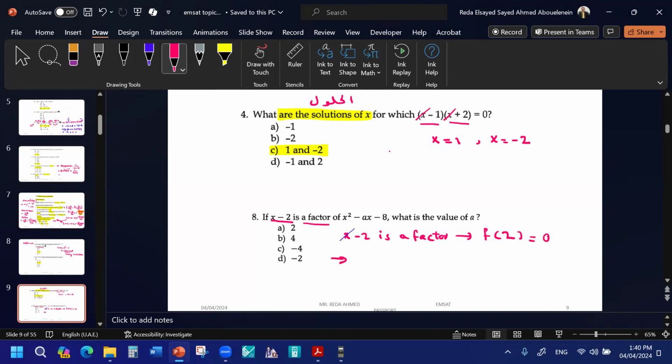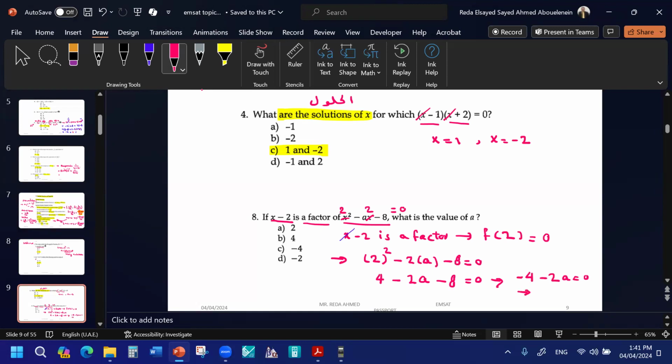So I can substitute x equals 2 and equate to 0. It will be 2 squared minus 2 multiplied by a minus 8, which is 4 minus 2a minus 4, equal to 0. Here you can simplify: negative 4 minus 2a equals 0.